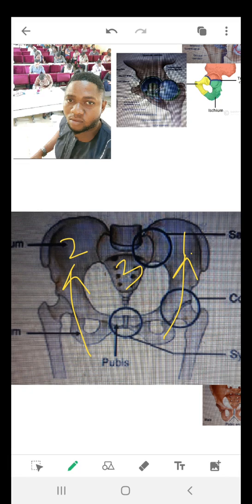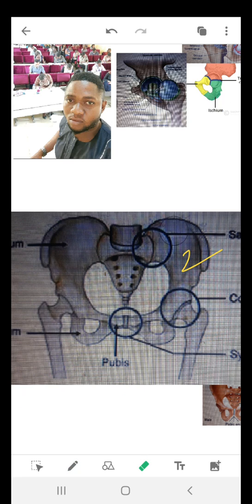And of course we have joints around these bones. We have more than 3 joints actually.